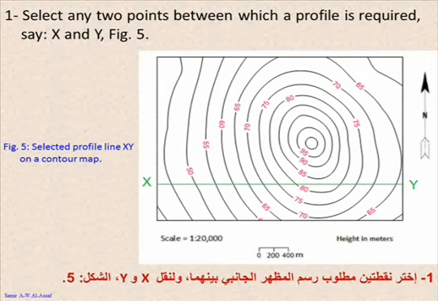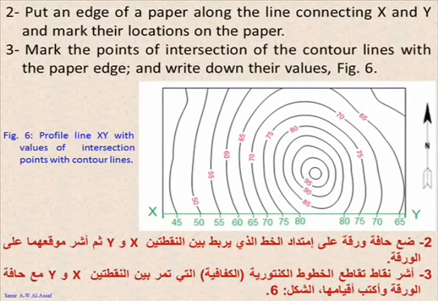1. Select any 2 points between which a profile is required, say X and Y, figure 5. 2. Put an edge of a paper along the line connecting X and Y and mark their locations on the paper. 3.